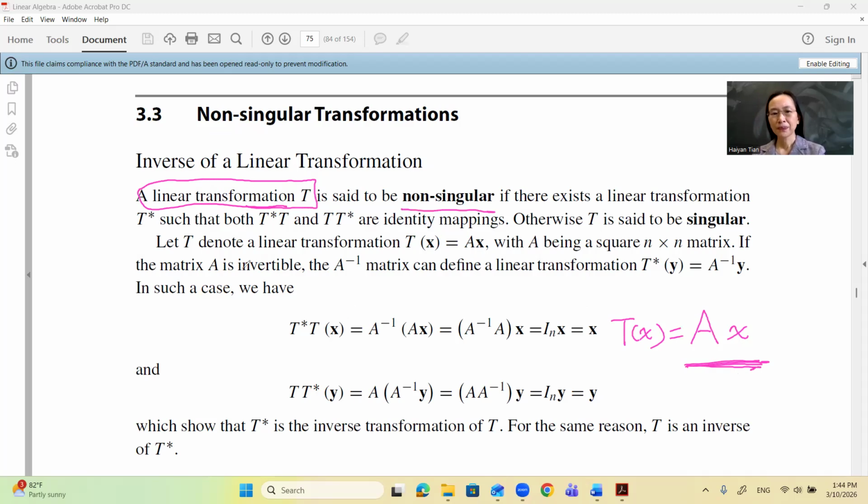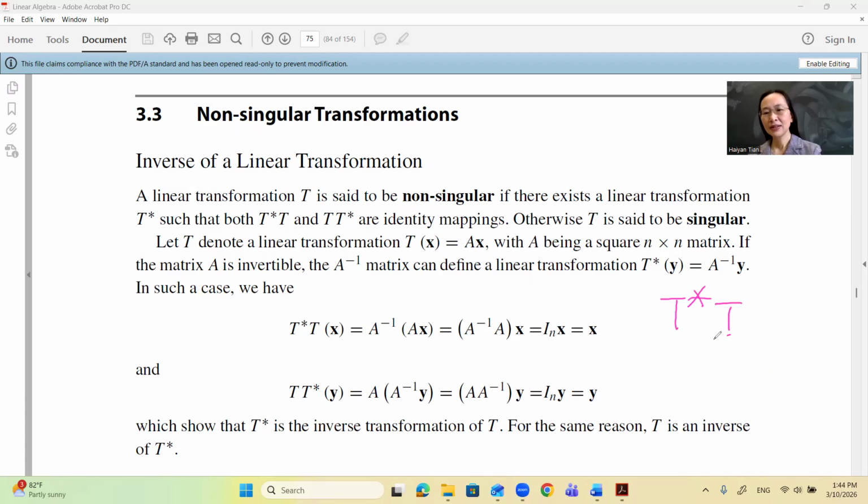Suppose there is another transformation. We can denote it by T star. T star and T, we know this is a composite transformation. If you do two things one after another, that is like a composite transformation.